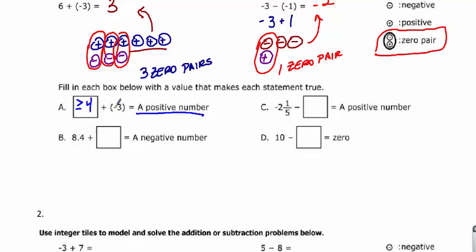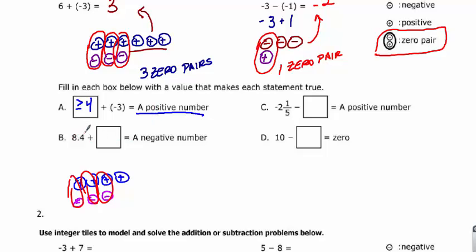If we weren't using integers, anything greater than 3. But let's do integers, greater than or equal to 4. Here's why 4 works, because we would have 4 positives, and we would have 3 negatives, which would give us 3 zero pairs, and we'd have a positive left over.